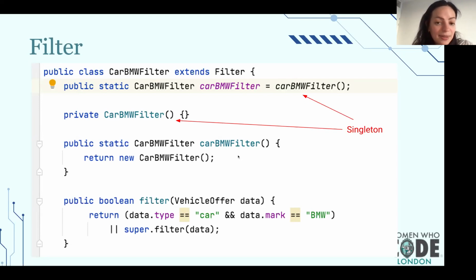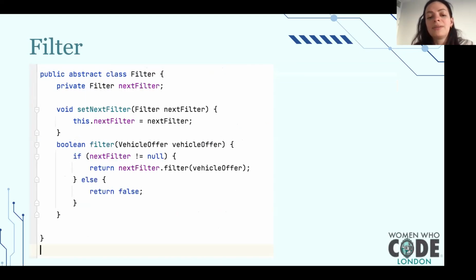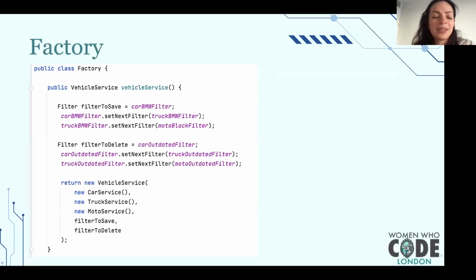Yeah, and in this filter, because I need only one filter in my system, I don't need other classes, and I want to avoid them. That's why it's a singleton. And here I have the filter function. As I already said, I have the implementation of basically what I mean by filter, and I postpone it to the next filter. Now I have a vehicle service, and my service is for cars, trucks, and motors.